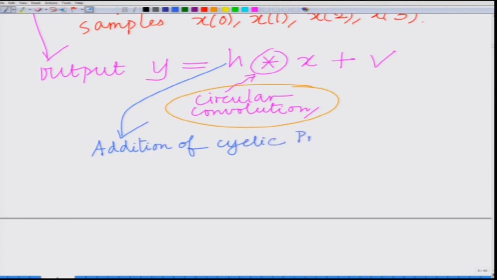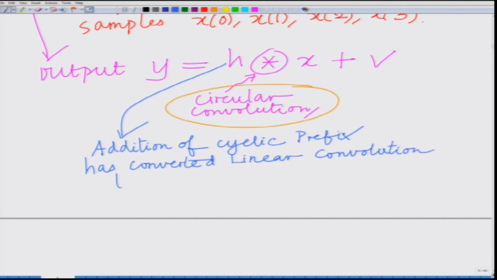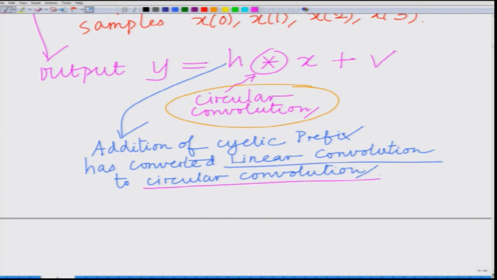Addition of the cyclic prefix has converted a linear convolution into a circular convolution, and that is the important part.